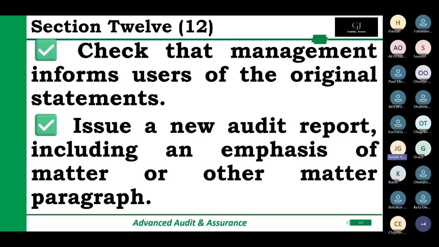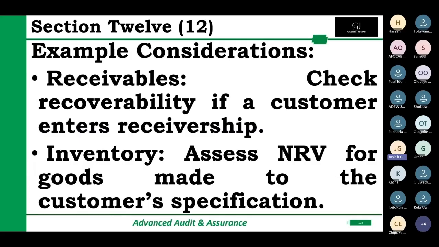He also needs to communicate with management on how they should inform the users of the initial report about what has come to his attention and what he has added, speaking to emphasis of matter or other matter paragraphs.